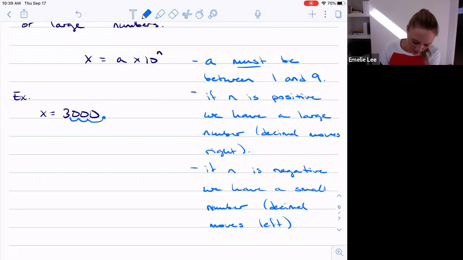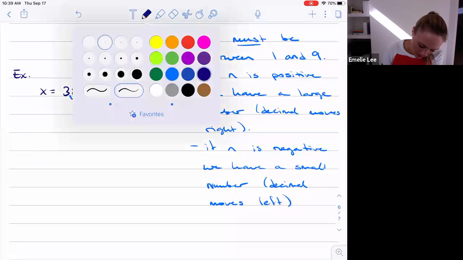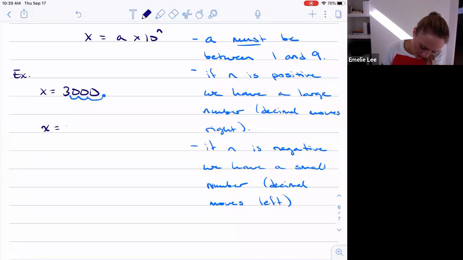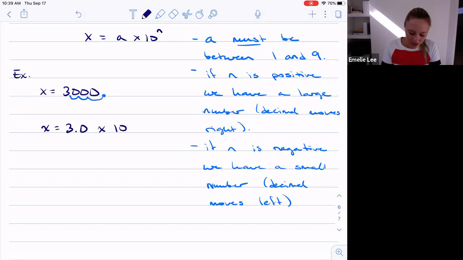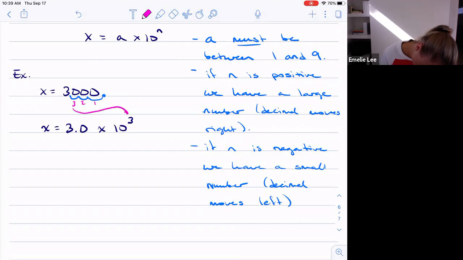So that's the same as x is 3.0, or just 3 because it doesn't matter, 3.0 times 10 to the power of, and then how many times we moved here? 1, 2, 3. 10 to the power of 3. This 1, 2, 3 is what's playing here. It's how many times the decimal moved.